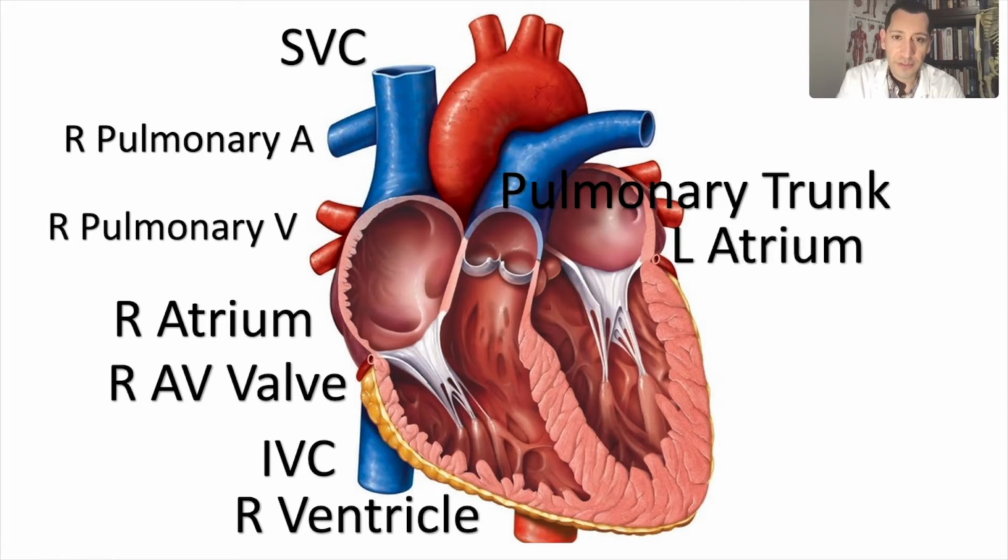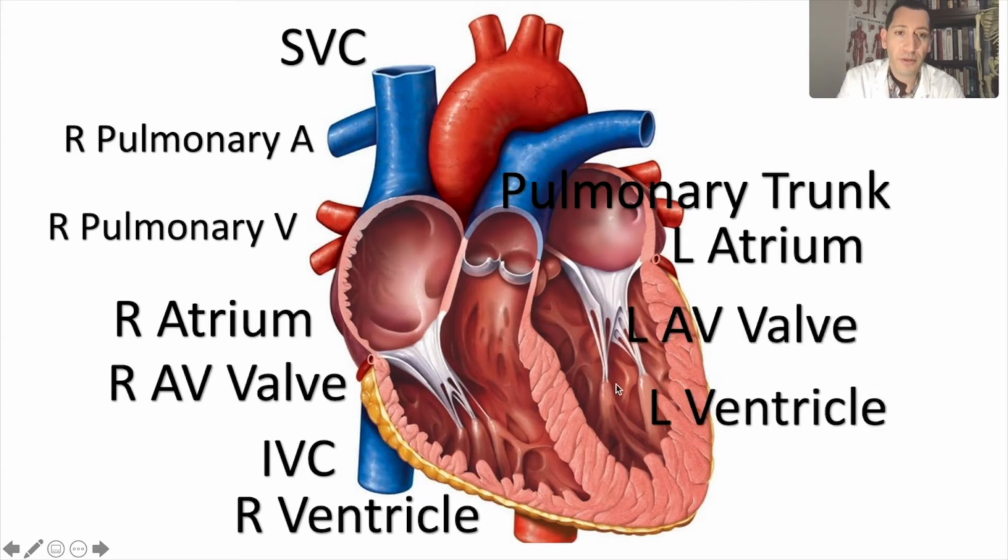And just as what we saw happens here, blood drops down and into this ventricle. Blood also on this side drops down and into this ventricle. So it goes through the left atrioventricular valve, that's this white guy right here, and into the left ventricle.